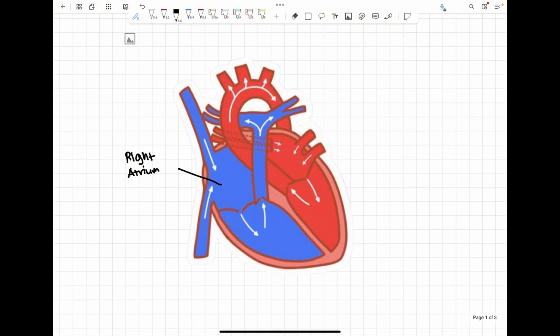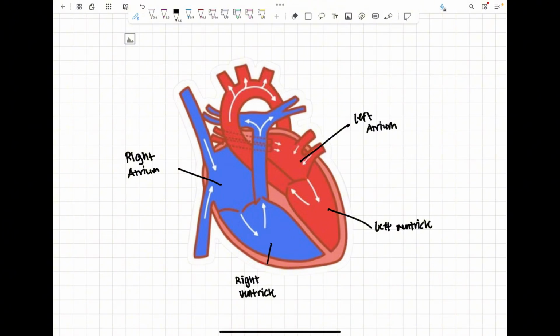Underneath your right atrium is your right ventricle, and the other side of your heart is your left atrium, and underneath, which is your last station of where your blood passes through, is your left ventricle. So these are your 4 chambers of the heart.